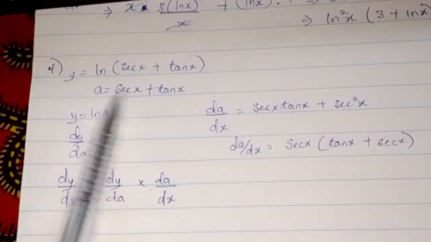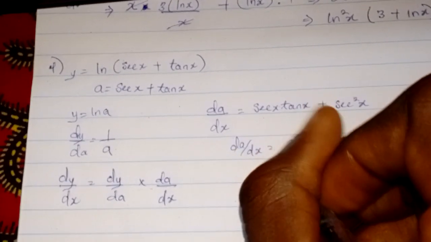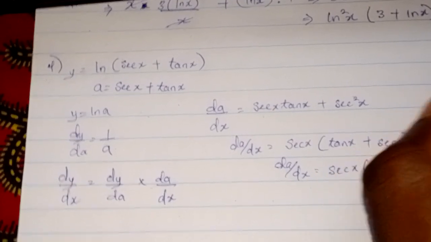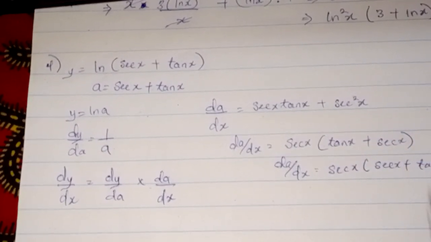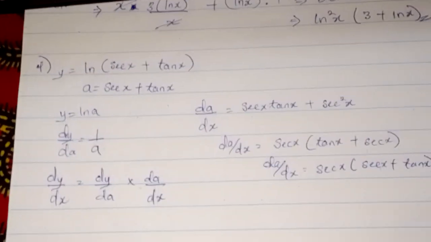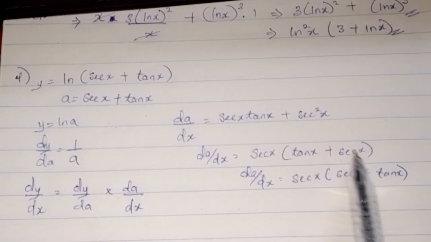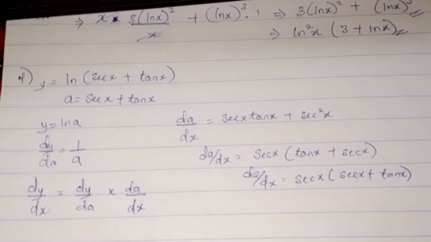Now let me revise this one. That means our dA dx is equal to what? Sec x into bracket sec x plus tan x. It's the same thing as this one. So sec x into bracket tan x plus sec x, and sec x into bracket sec x plus tan x. Can you see that it's the same thing, right?